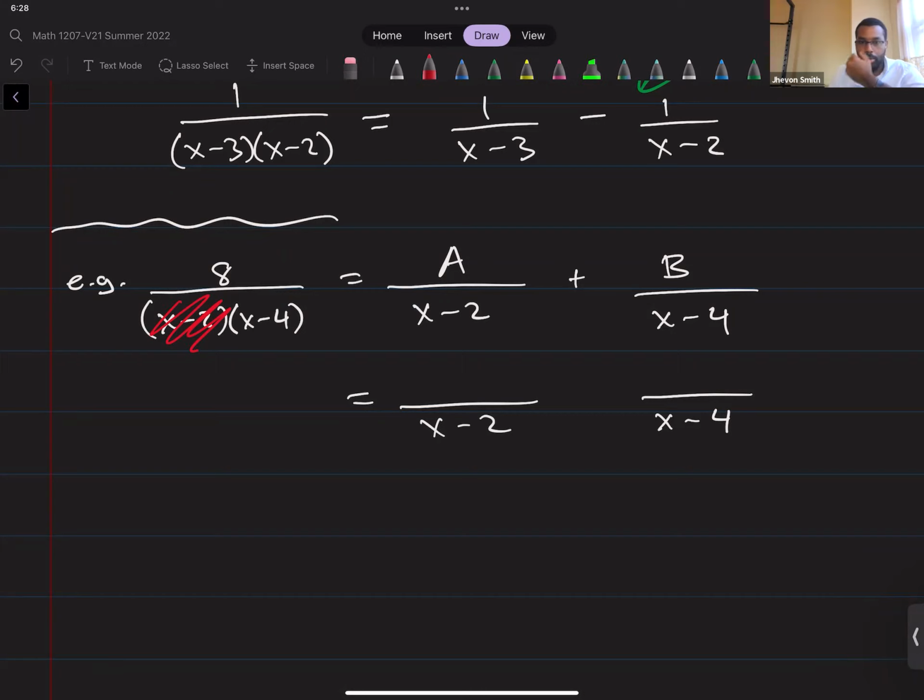This is where you guys chime in. What do I get if I plug in x equals 2? -2. You would get -2.